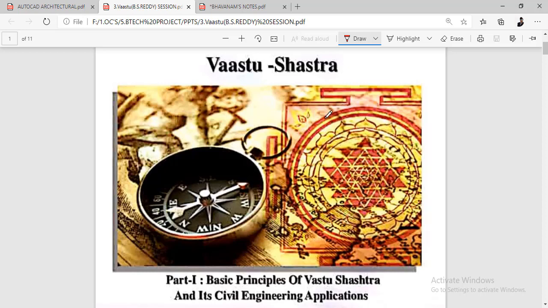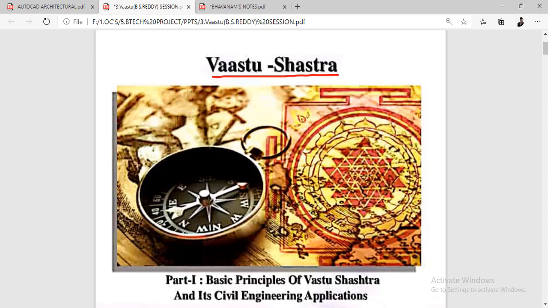Vastu Shastra is not only for civil engineering. We don't feel it as a concept of civil engineering. Throughout our 4 years in BTech, we didn't hear this word, except in Building Planning and Drawing, BPD. In that subject you never listen to this word Vastu Shastra.